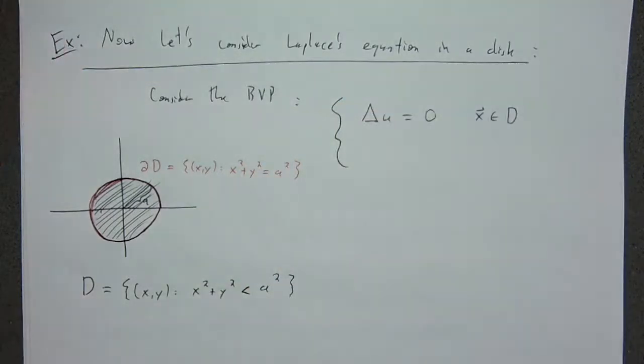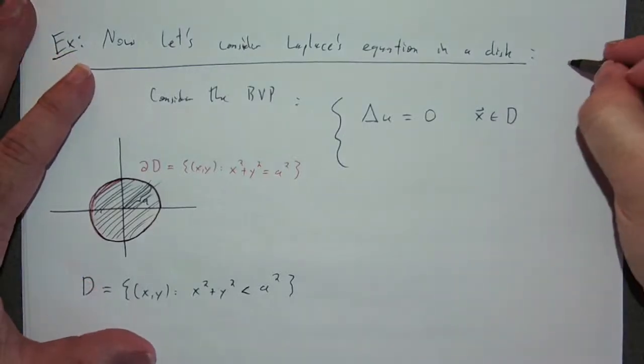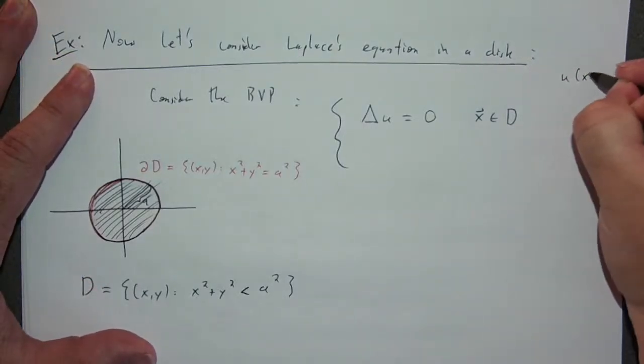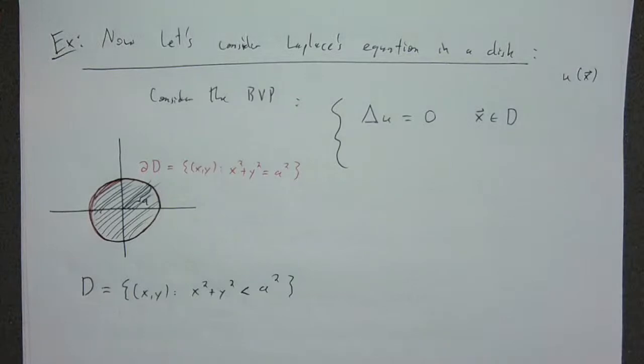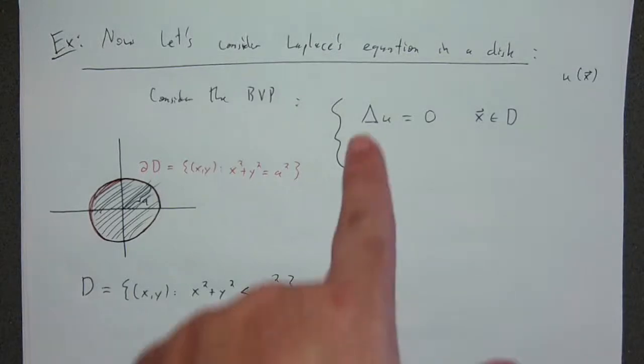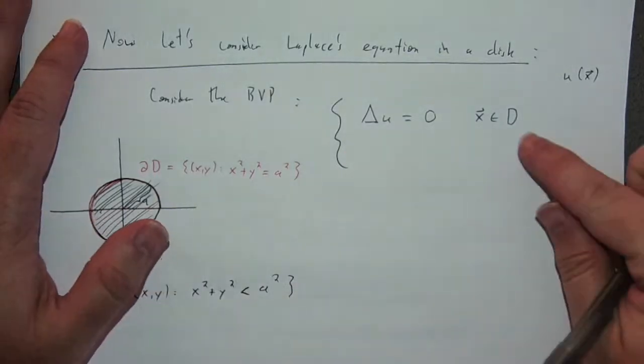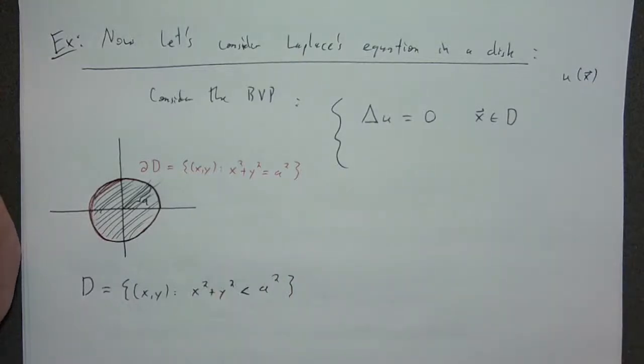Of radius A centered at the origin. Okay. All right. And so I'm seeking a solution u of x, I'm writing this as a vector now, such that the Laplacian of u is 0 for x in D, this disk.